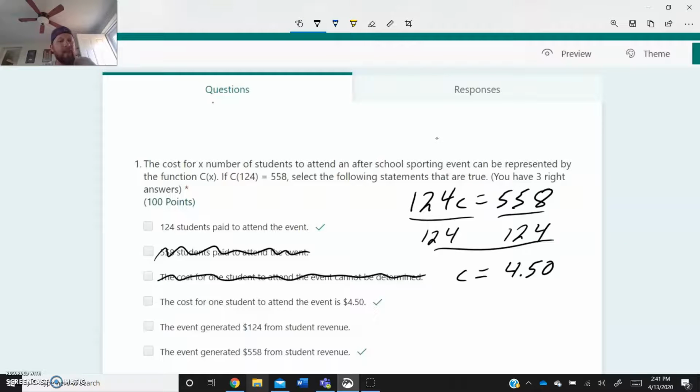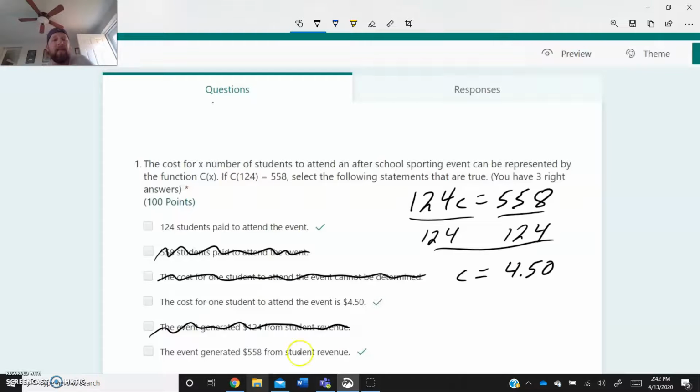The next one says the cost for one student to attend the event is $4.50. Well, it's true. All I did was divide these two numbers together. It's what I did over here. I took 558 divided by 124, got 4.50. The event generated $124 from student revenue. Not true. That's how many students showed up, so I can cross that one out.